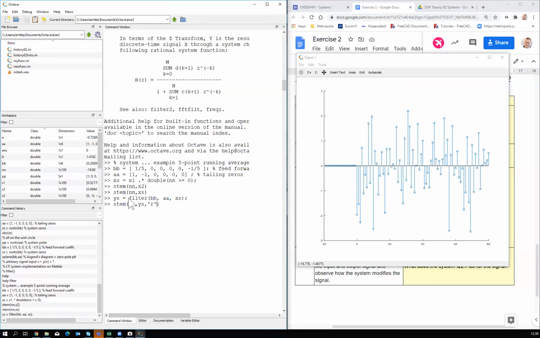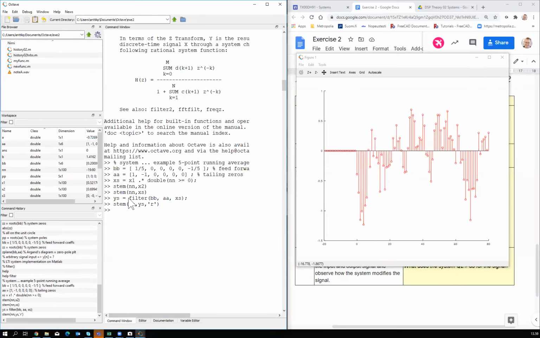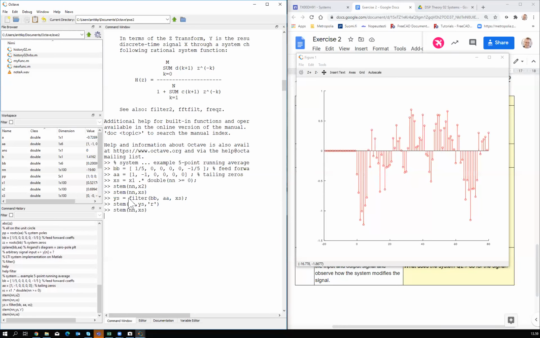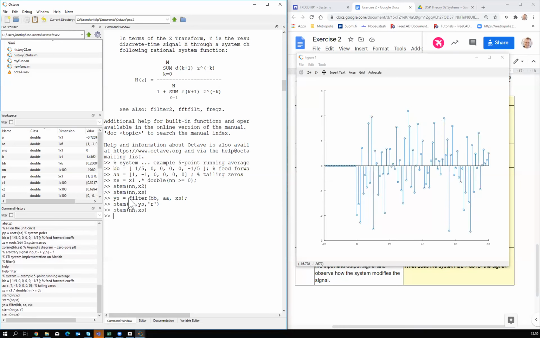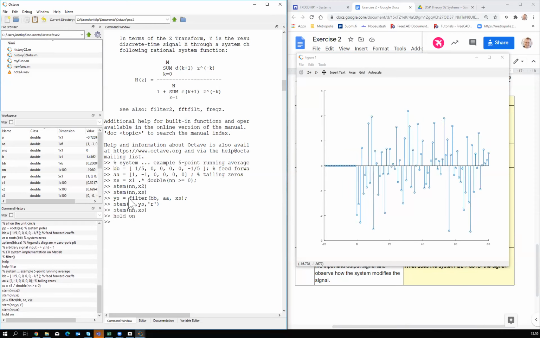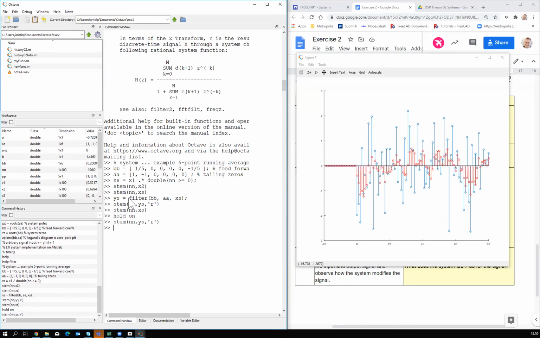I'm not sure if this one works. Hey, it worked. Let's see. Again x, hold on the plot. And that's my 5-point running average filtered input. So this is fundamentally how you implement filter in MATLAB or Octave.